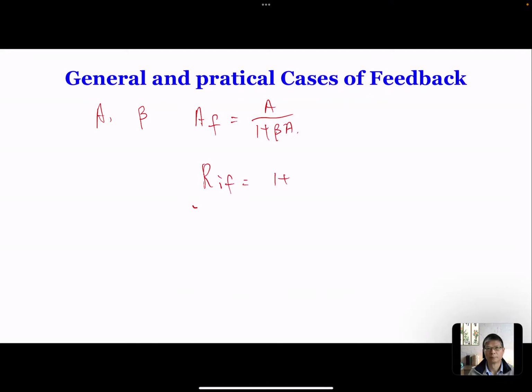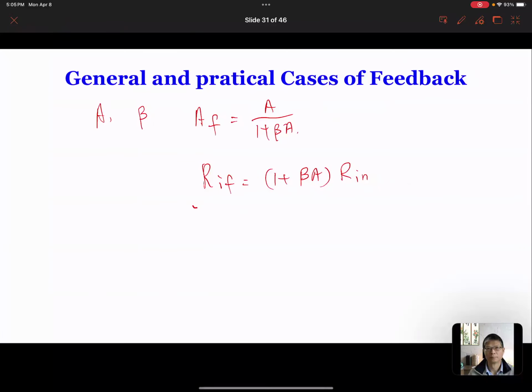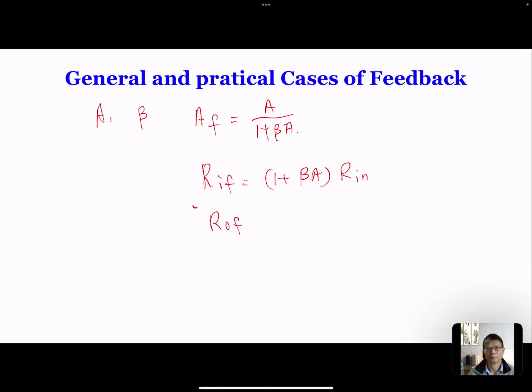Each gets changed by 1 plus beta times A, and you have your RO F equal to RO divided by 1 plus beta times A. So you can see that the input impedance increases and output impedance decreases.